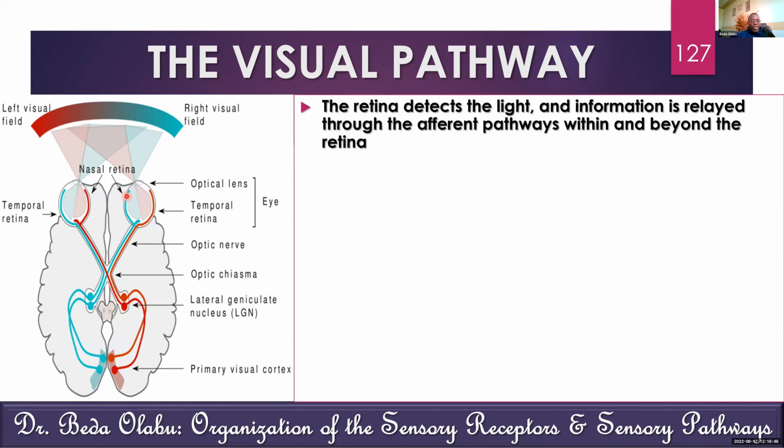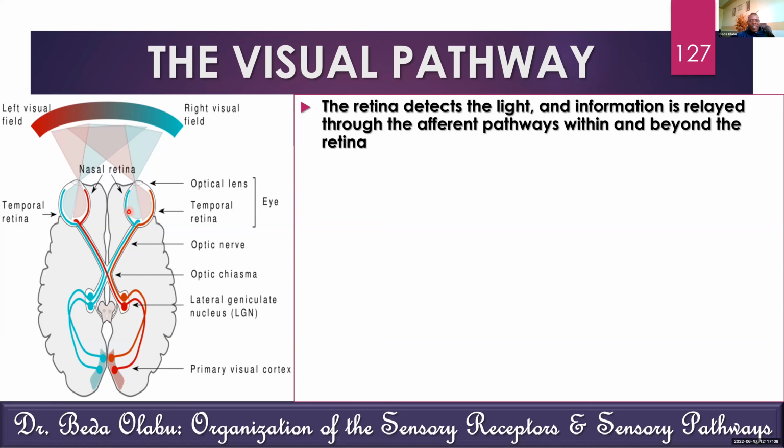The retina will detect the light rays that land on it. And the information from the retina will then leave the retina to go to the brain. Within the retina, we noted that there are already first order neurons there, bipolar neurons.